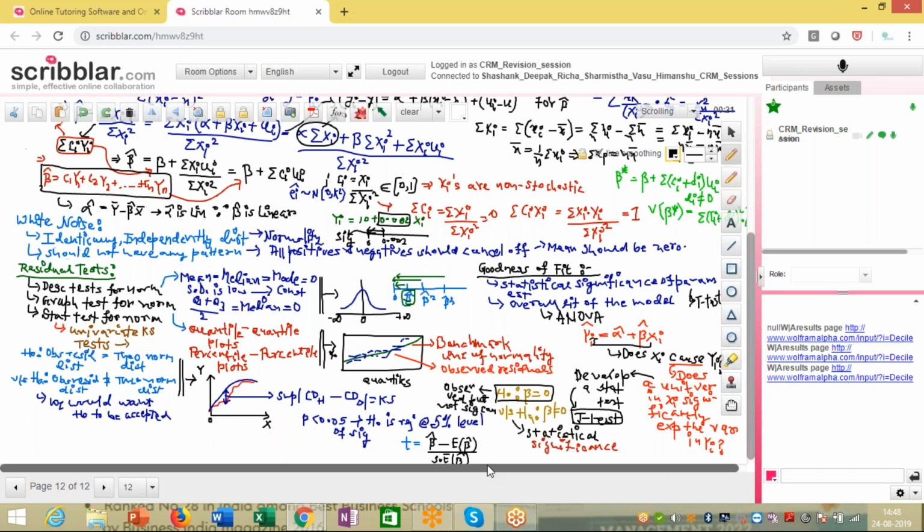Since I'm trying to assess whether beta hat is statistically significantly different from 0 or not, the t-stat will be beta hat minus expected value of beta hat.